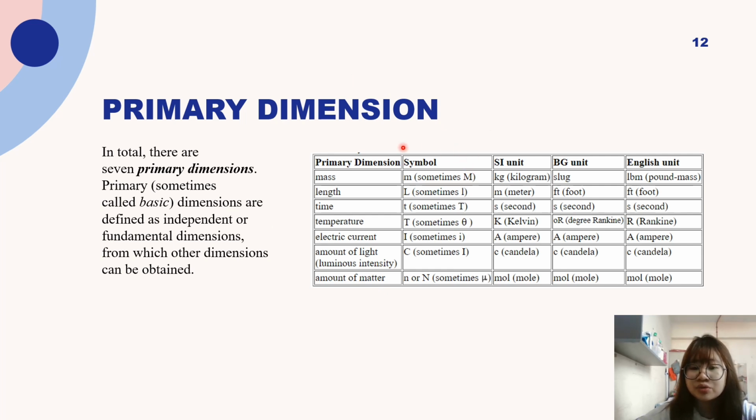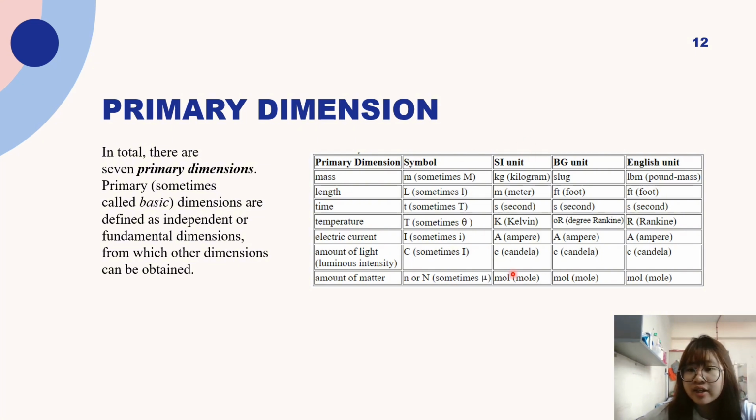The symbol for each dimension is M for mass, L for length, T for time, capital letter Theta for temperature, capital letter I for electric currents, and C is the amount of light. The number of mole will be represented by capital letter N.